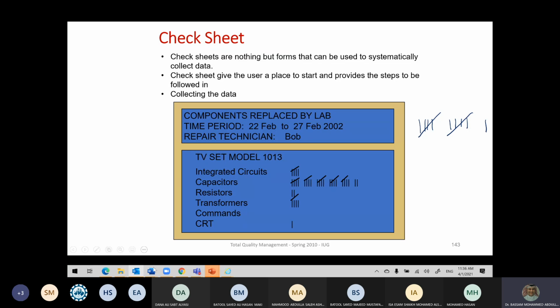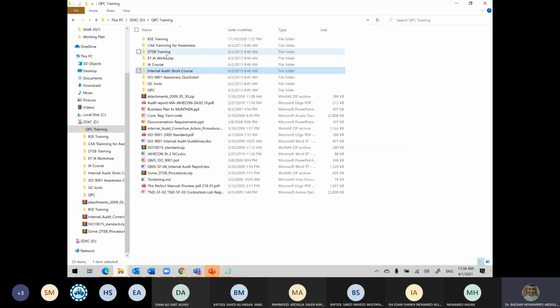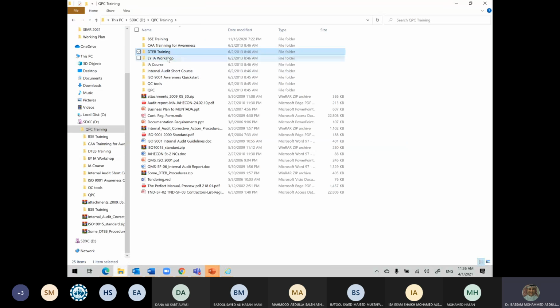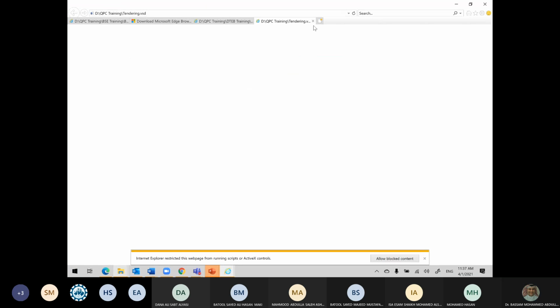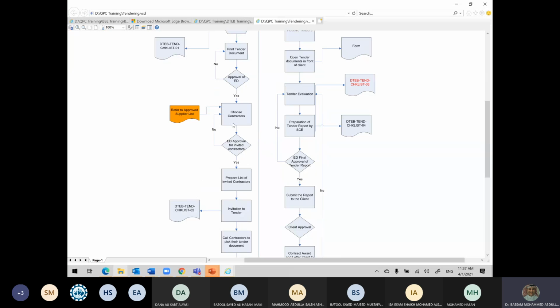Now, talking about checklists, we already gave you an example of a checklist in the DTEB. I think so. I gave an example. I'm not sure. Where was my example of the checklist? Oh, that is another process for tendering.